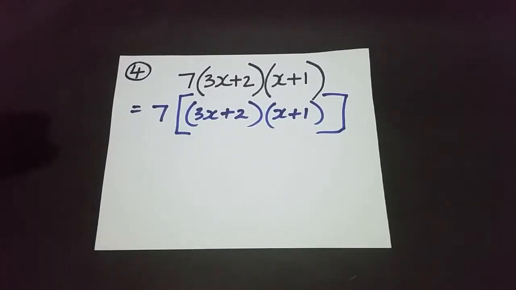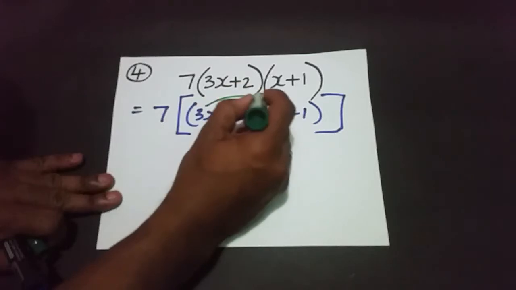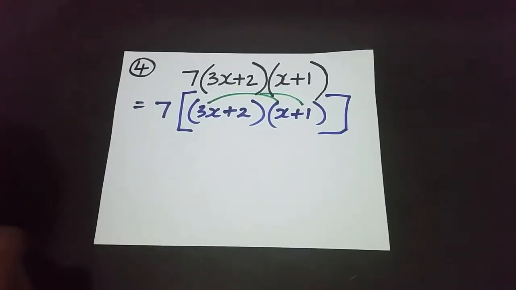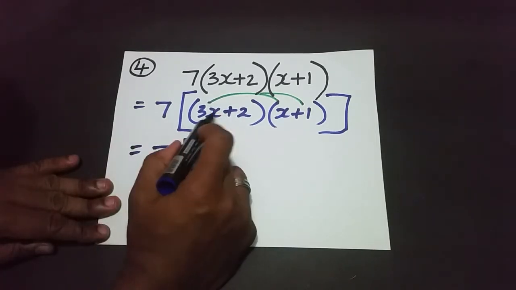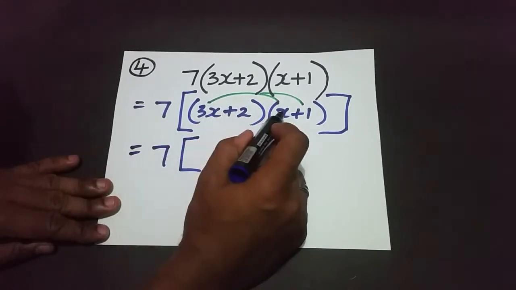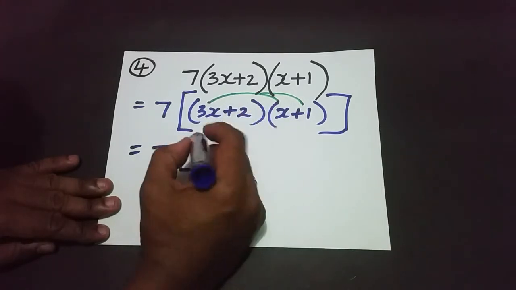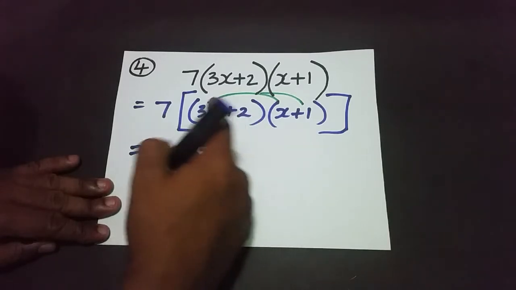So in this particular case here, first thing we're going to do is multiply this by these 2 terms there in the bracket. So I'm just going to put this back and proceed. 3x times x. In other words, positive 3x times positive x is 3x squared.